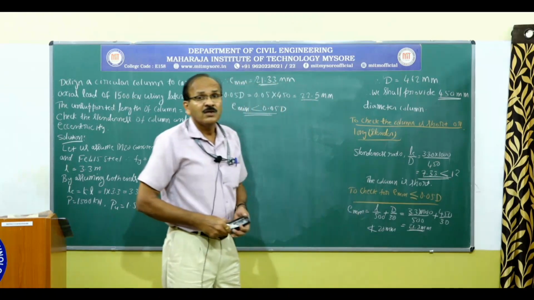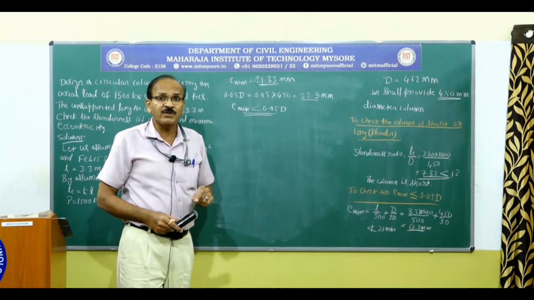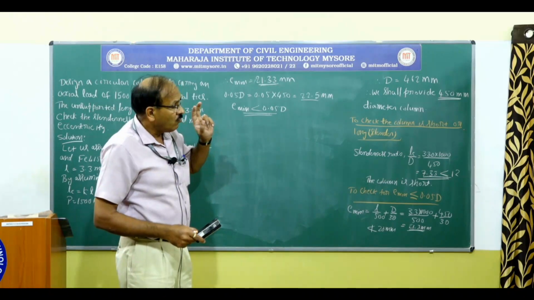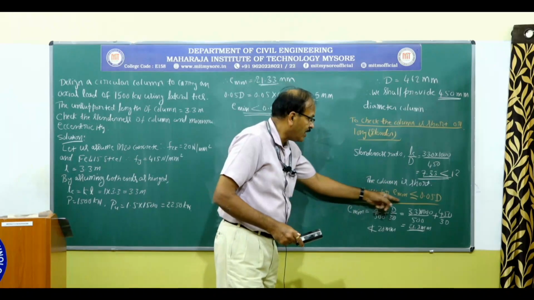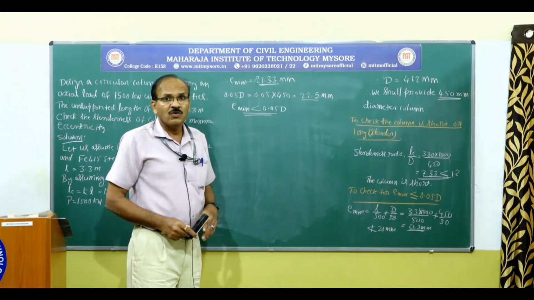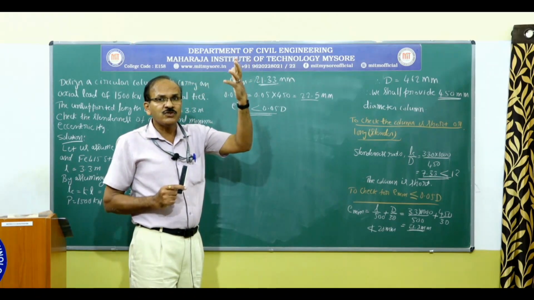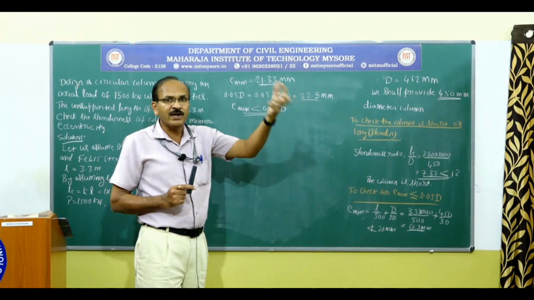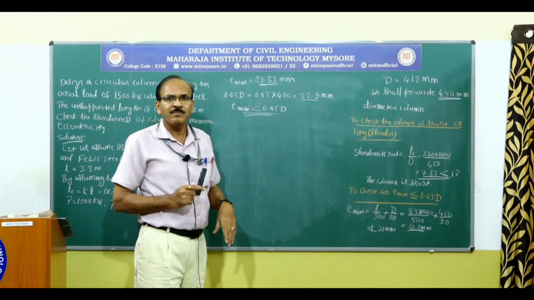As I said, to use that formula given under 39.3 on page 71 of the code book, we have to satisfy these two conditions. One is the column should be short and E minimum should be less than or equal to 0.05 D. We simply assumed that those conditions are satisfied and we went ahead and made use of the formula under 39.3.